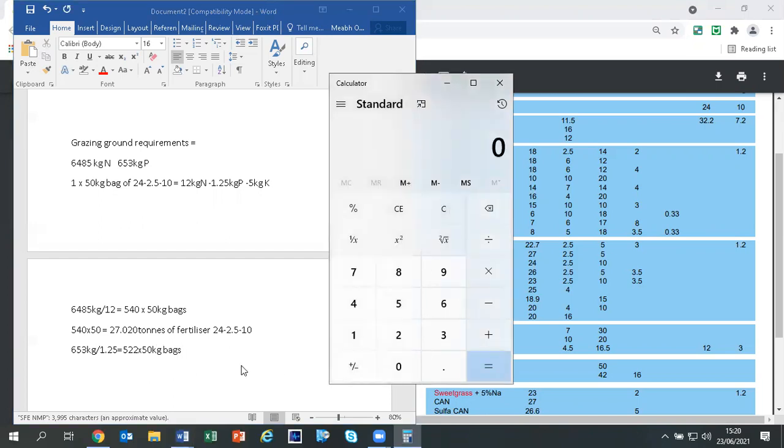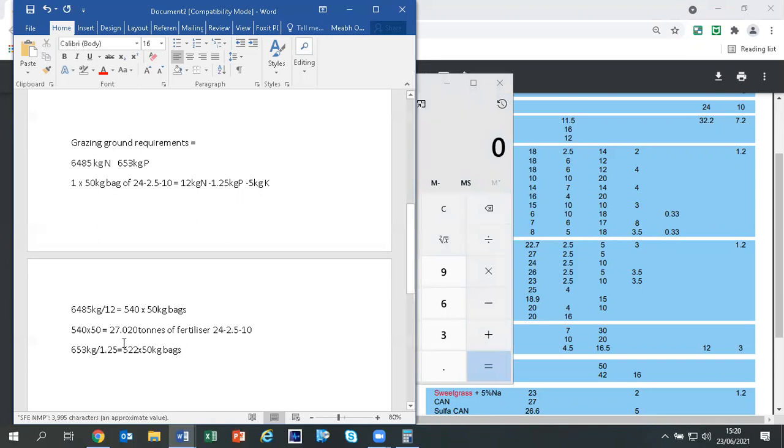So what we can see here is that we are quite close in terms of meeting our phosphorus and our nitrogen requirement with that fertilizer. However, we always should be bearing in mind what our limitations are in terms of what we are allowed to spread.